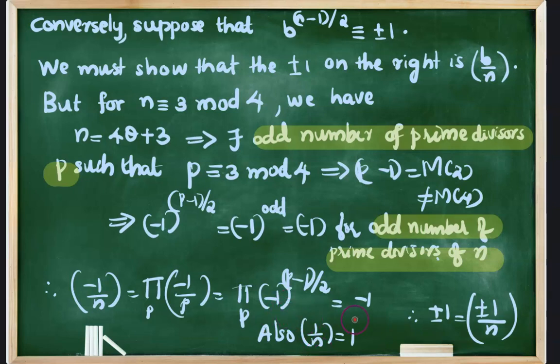So, this product will be equal to -1 since there are an odd number of prime divisors which are congruent to 3 modulo 4. So, this product will be -1 into -1 into -1, an odd number of times. So, the product will definitely be equal to -1. And we already know that the Jacobi symbol (1/n) is equal to 1 itself. So, we can combine these two results. Here, we can state that plus or minus 1 is equal to the Jacobi symbol (plus or minus 1 / n).